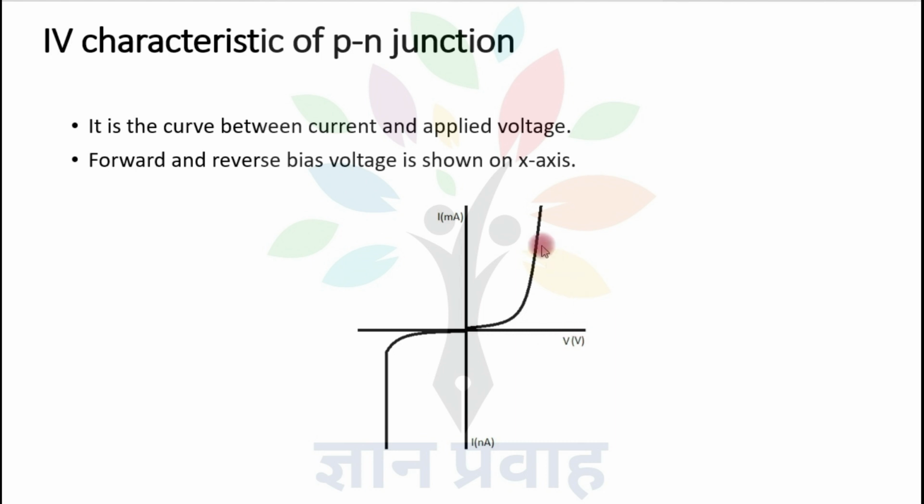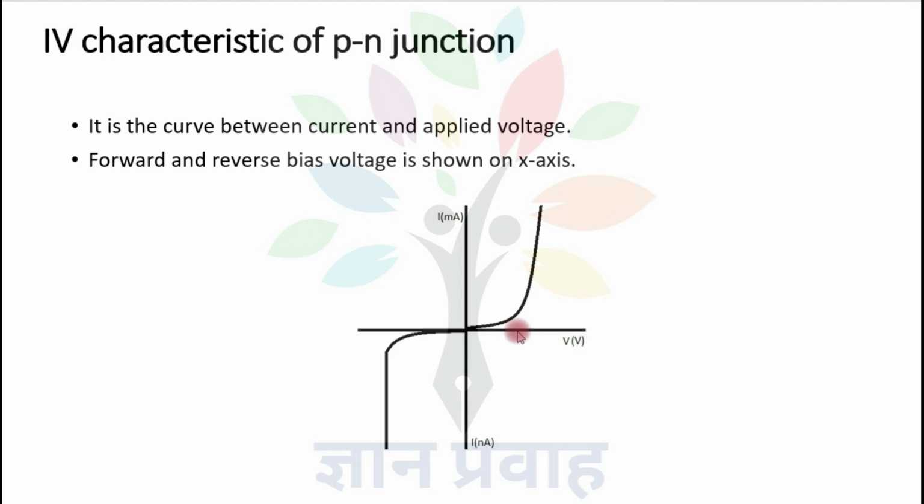In case of forward bias, when the voltage increases above a level, the current increases sharply, and this level is called the knee voltage or cut-in voltage, and it depends on the material's property. In case of silicon, the knee voltage or cut-in voltage is 0.7 volt.